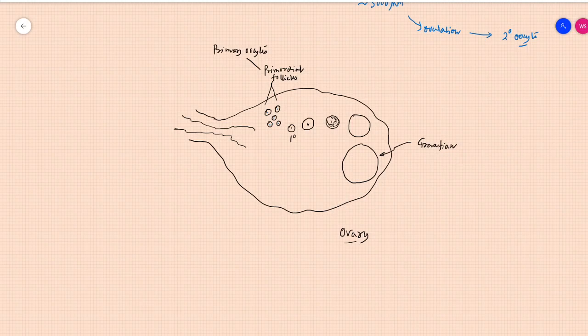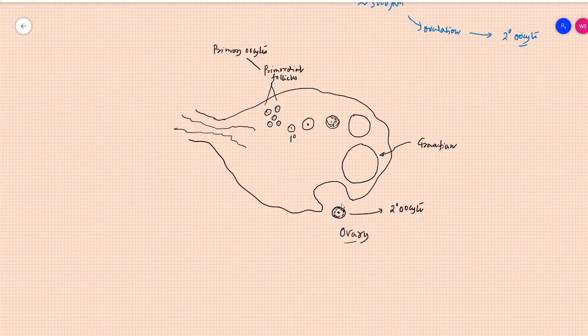The Graafian follicle ruptures, and it releases the ova, okay, along with some cells. Okay, so that's the released ova, not ova, the secondary oocyte.